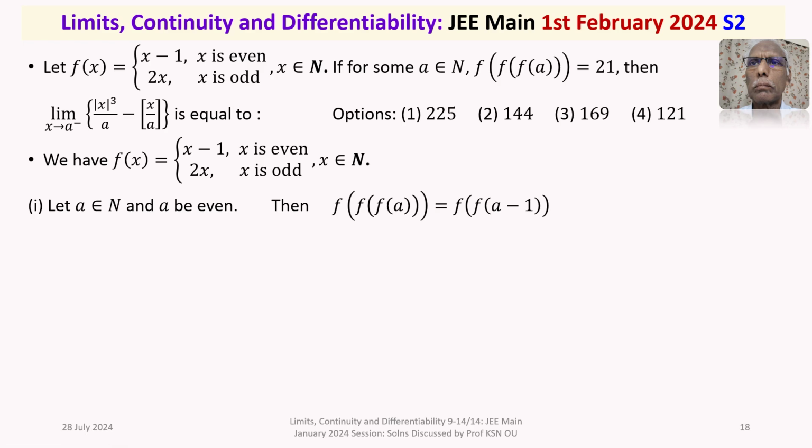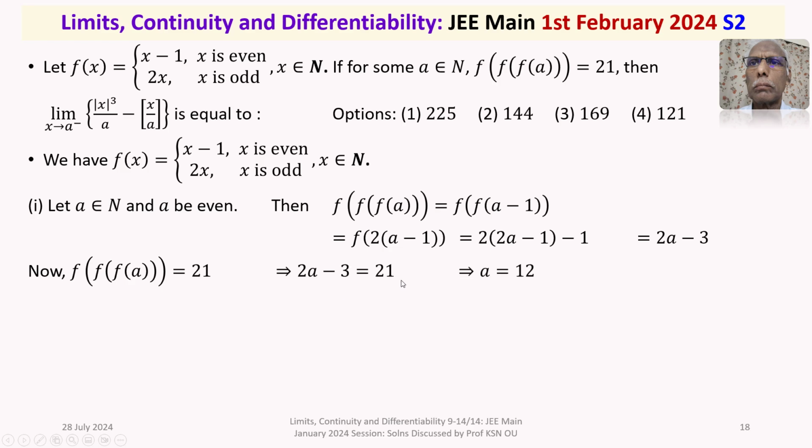Therefore, f of a minus 1 will be 2 times a minus 1. Now apply f on it, and this is even because it is 2 times of that. So when it is even, it is minus 1. 2 into a minus 1 minus 1. When you simplify, you will get 2a minus 3. But it is given to be 21. So 2a minus 3 is 21. And solving, you will get a is equal to 12.